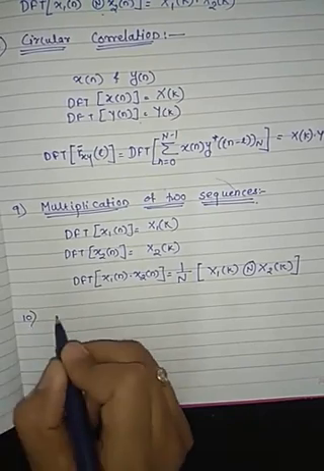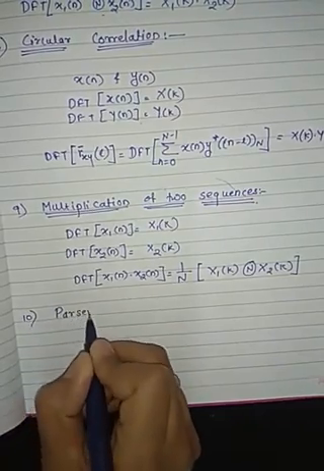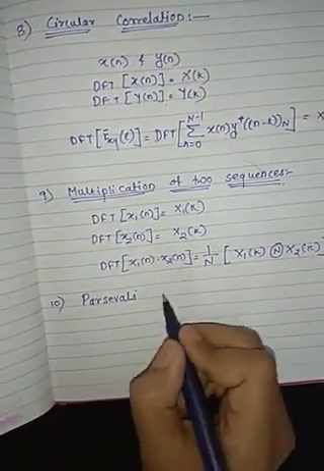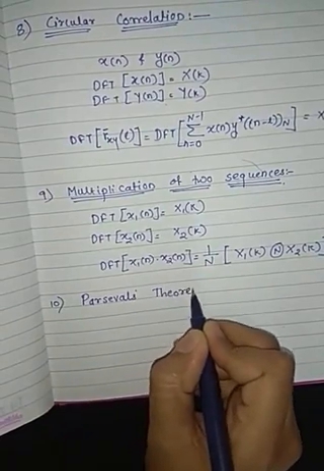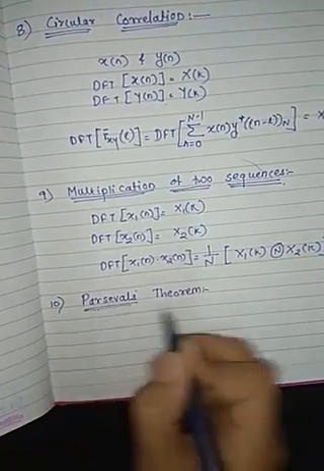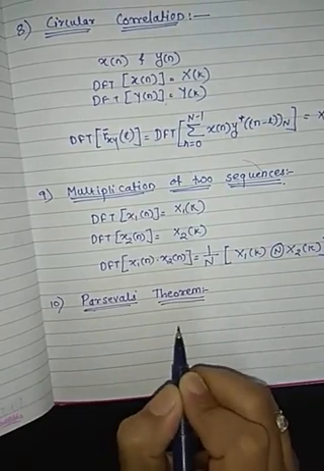The last one is Parseval's theorem. This is another property of the discrete Fourier transform.